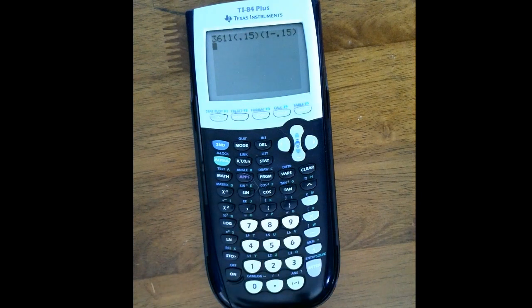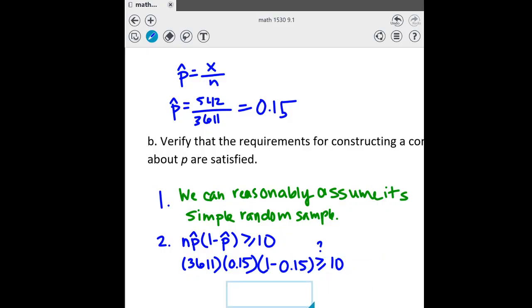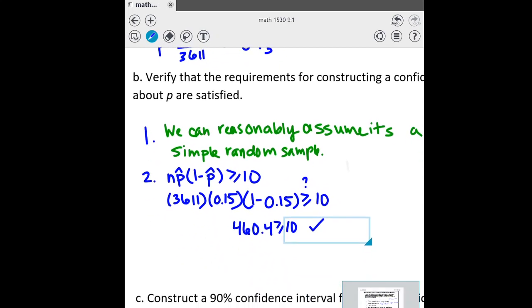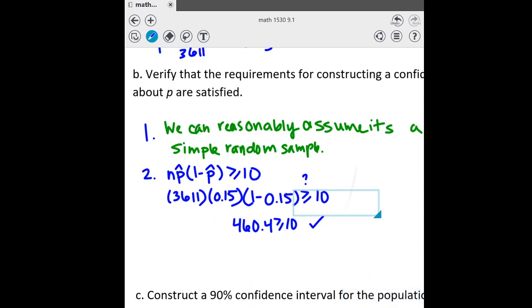So you can type all that in your calculator all at the same time. And we get 460.4, which is way bigger than 10. So that second requirement has been satisfied. And maybe we should check this off. The first requirement is satisfied because we can reasonably assume that it's a simple random sample.